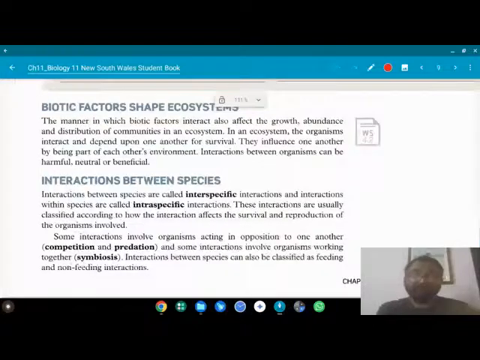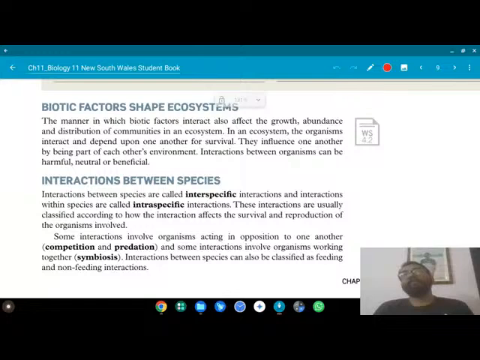Even in the forest, there are lions, there are cats, and there are vegetarian animals, and non-vegetarian animals are also there. So everything makes up biodiversity and ecosystem interaction between species.